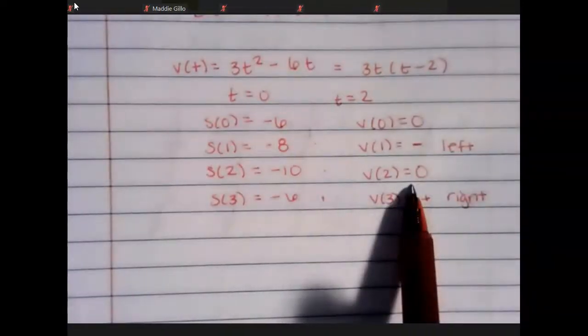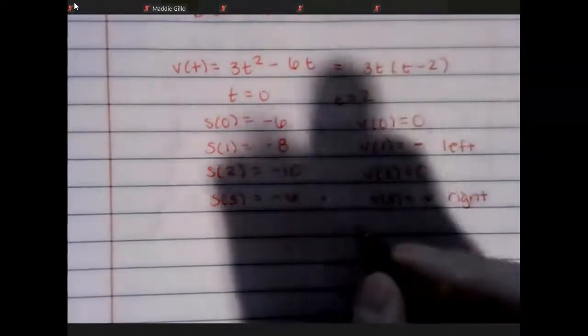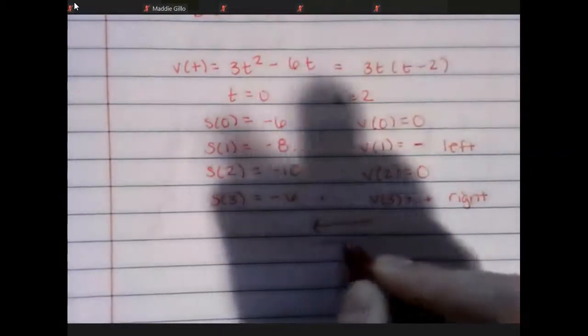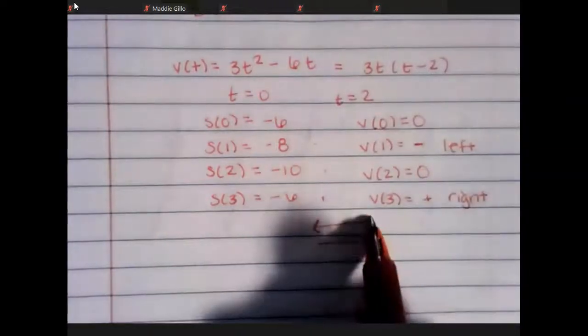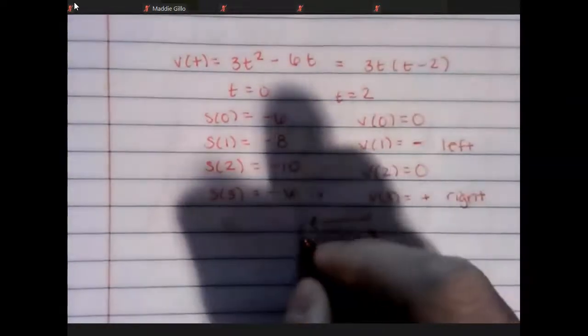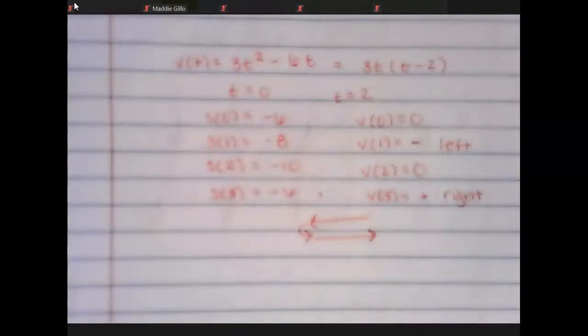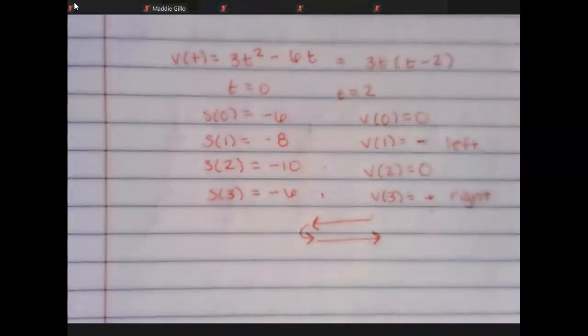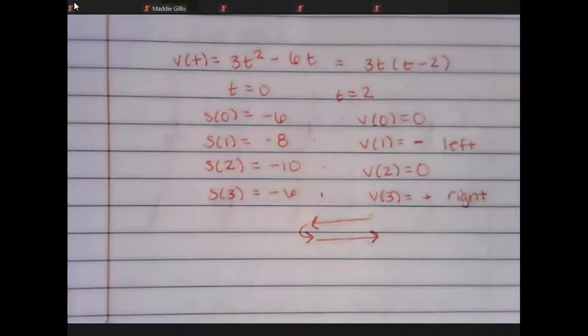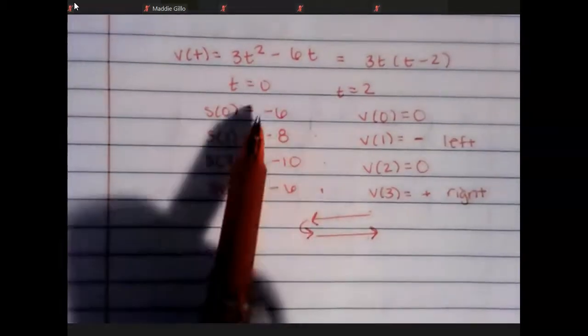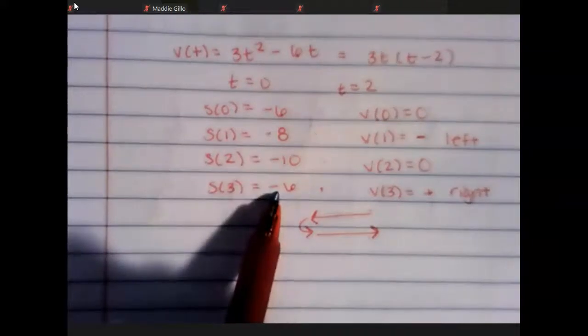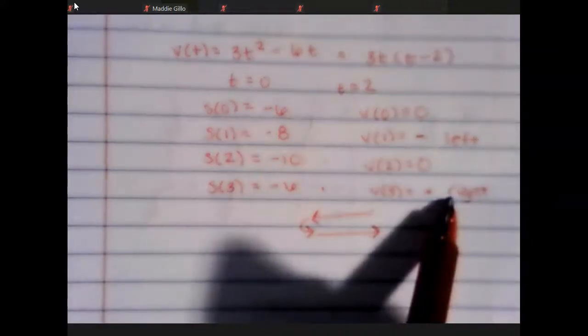So the particle changes direction at 2 seconds, and it goes from moving to the left to the right. So when it changes directions from left to right, it would start to be approaching the origin after that change in direction. So at 3, it's moving towards the origin because it's going negative, negative, negative, more positive, going to the right. 3.